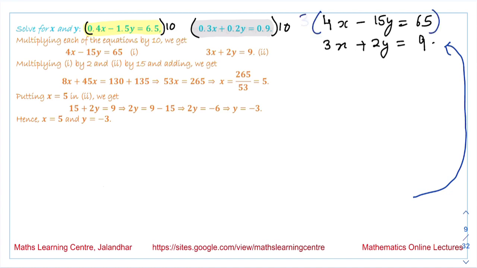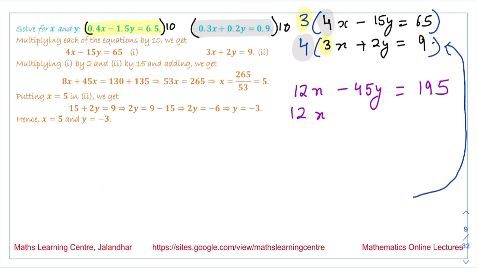Now suppose we want to eliminate x from both these equations. So we are multiplying this with 3 and this equation with 4. When we multiply these equations, they become 12x minus 45y equal to 195, and 12x plus 8y equal to 36.